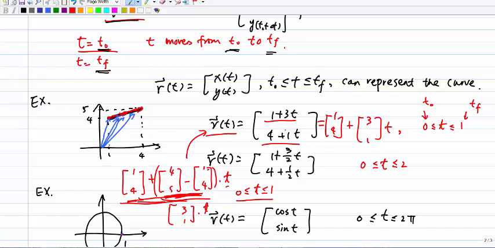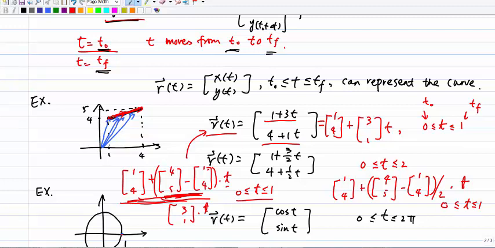Of course, you can also do it over here. What I can also do is have (1, 4) plus ((4, 5) minus (1, 4)) divided by 2, which is not this vector but this vector cut by half. You have this vector, then you times 2t, right? And of course, if you only let t be between 0 and 1, it doesn't work, because you only cover all points from this beginning point to the half.